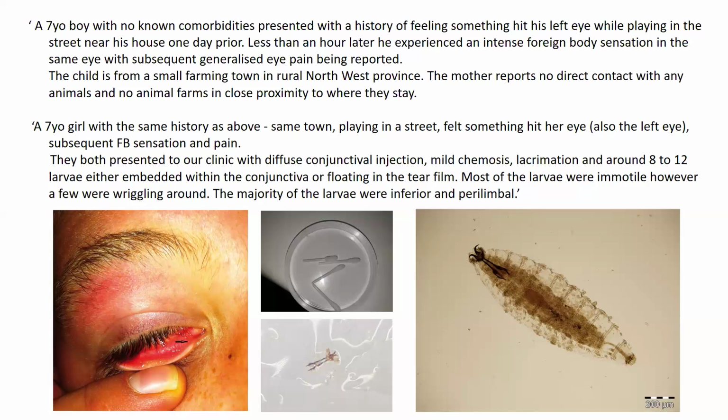And they both had this conjunctival inflammation, lacrimation, and the ophthalmologist noted that there were small larvae wiggling around in the eye or embedded in the conjunctiva as they were attempting to penetrate the eye.